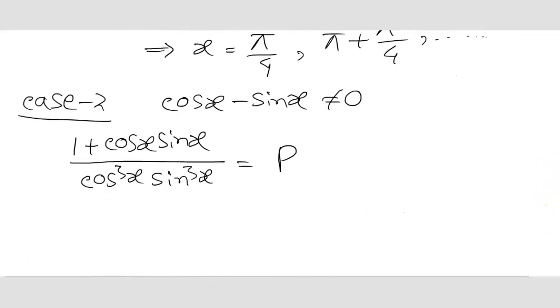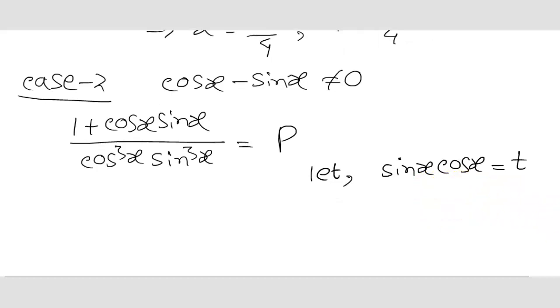Now we have to solve this part. It's quite tough if you don't substitute anything, so let's just substitute and make this problem quite easy. Let sin x cos x be t, okay, this thing is t, and then write this thing in terms of t.